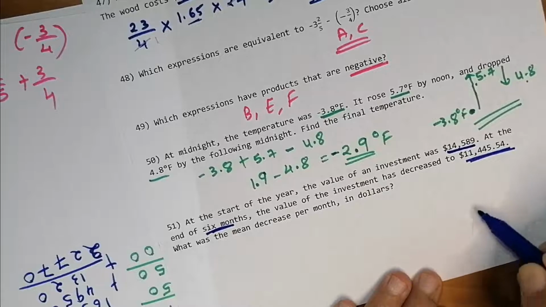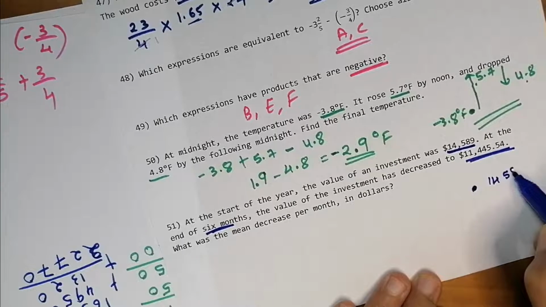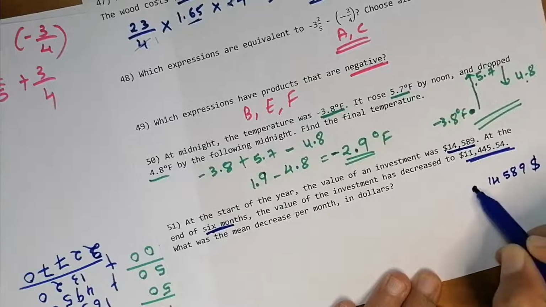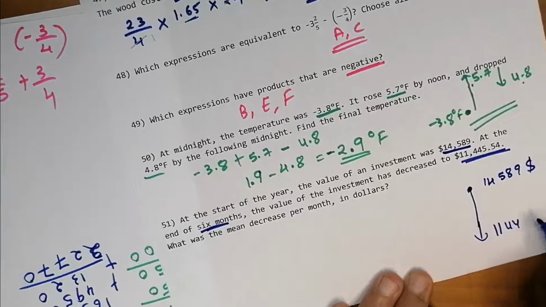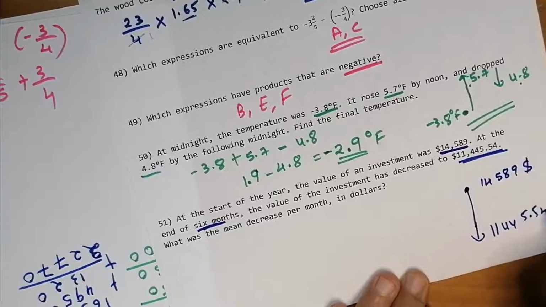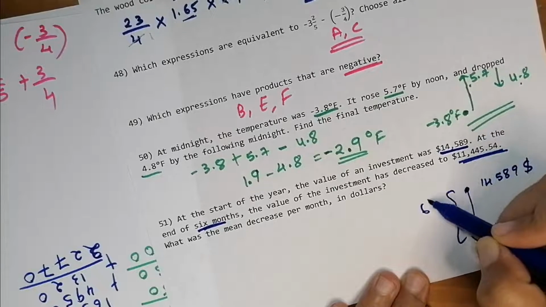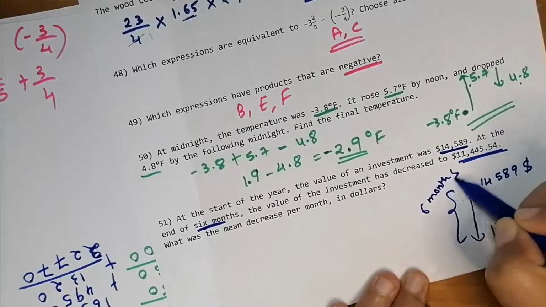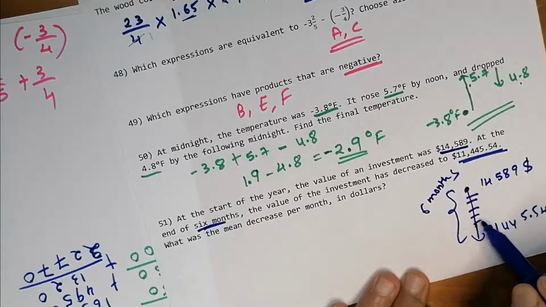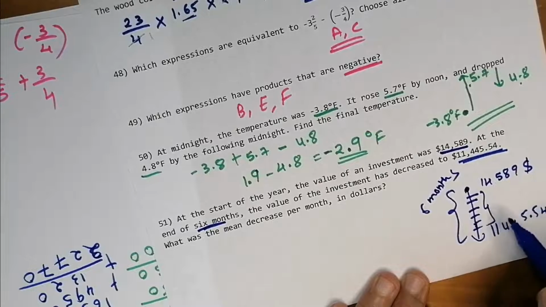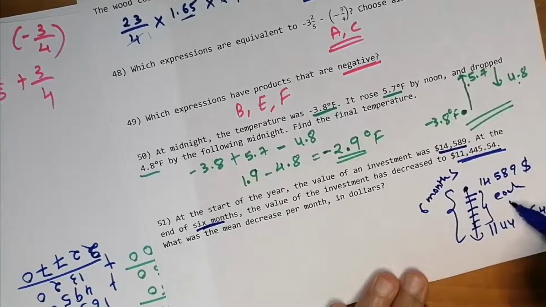So it goes down from $14,589 and reaches $11,445.54, and it took 6 months for this. You are asked to find how much it was decreasing each month. That's the question: what was the mean decrease per month?